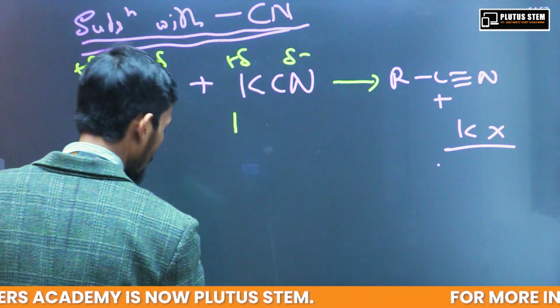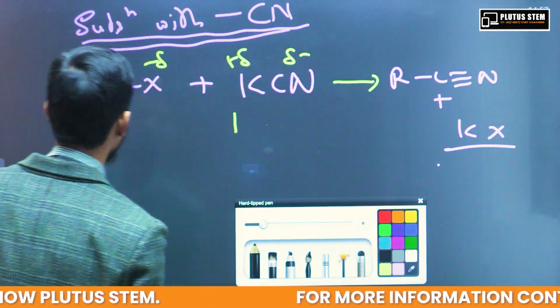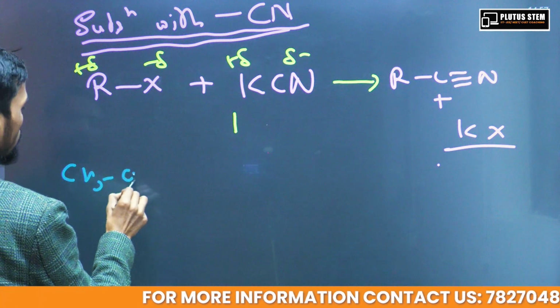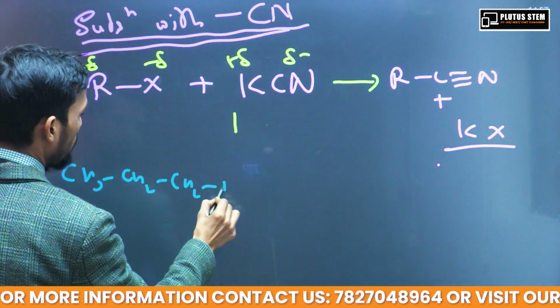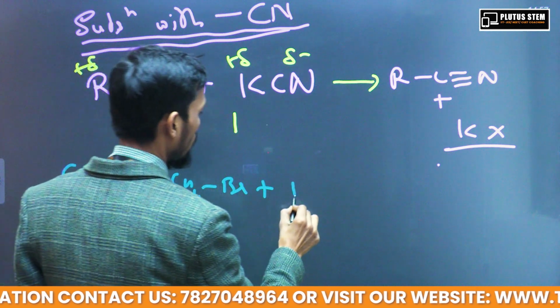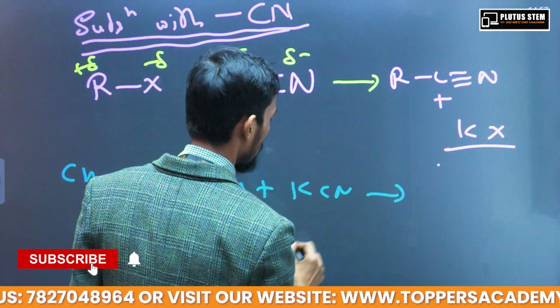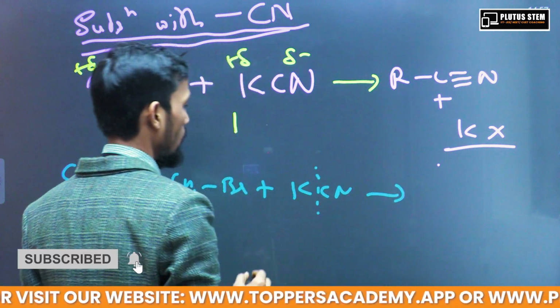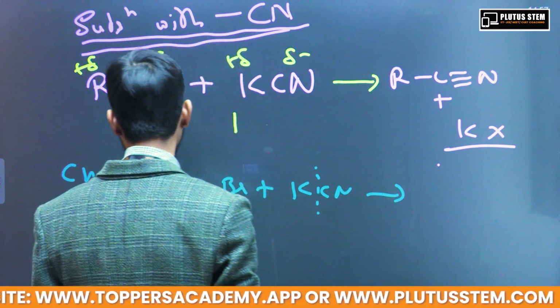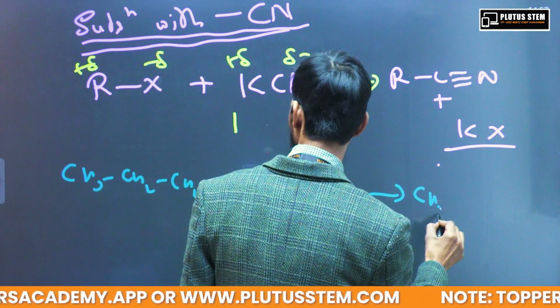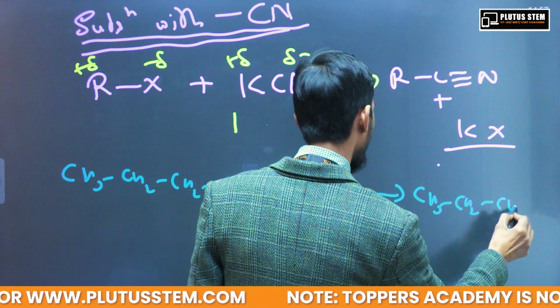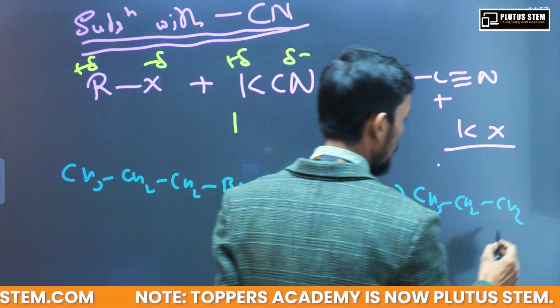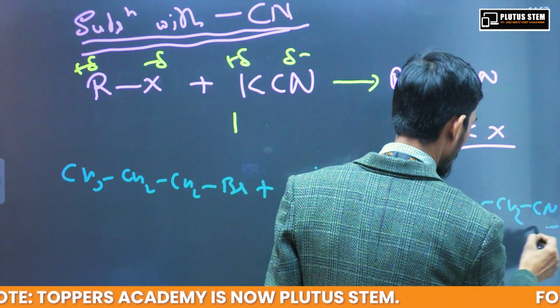So if we take an example over here, like CH3CH2CH2Br plus KCN, this negative charge will attack, and we will get a product CH3CH2CH2CN.